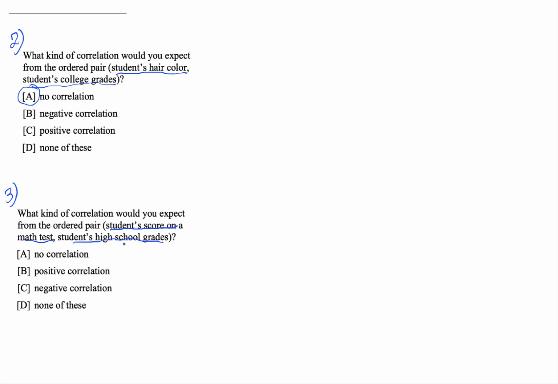And in order to get into college, you have to have good grades, which means this would be a positive correlation. So as your grades on the math test increase, guess what's going to happen to your high school grades? They're also going to increase.